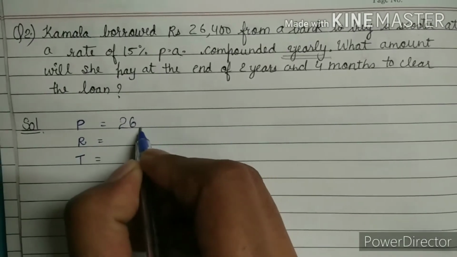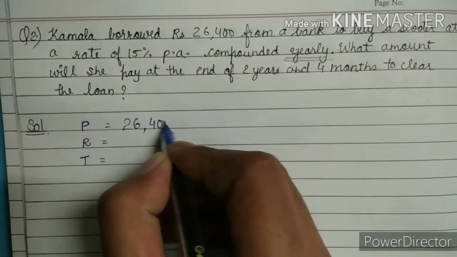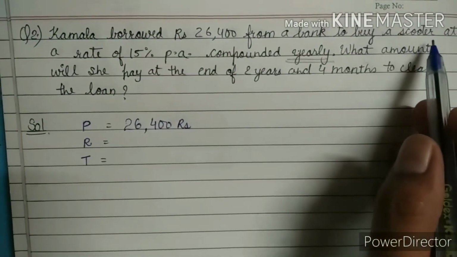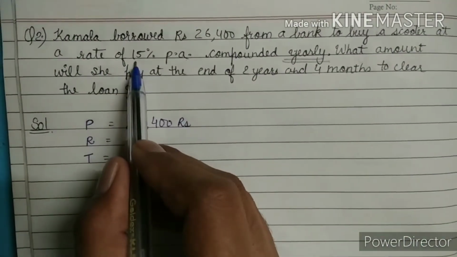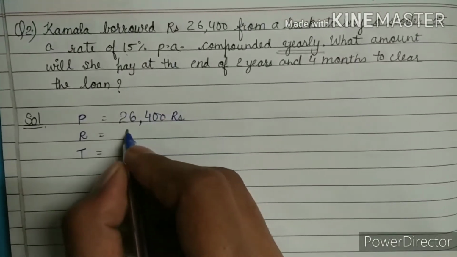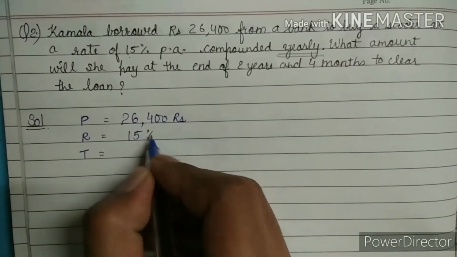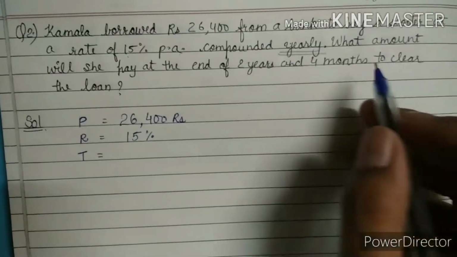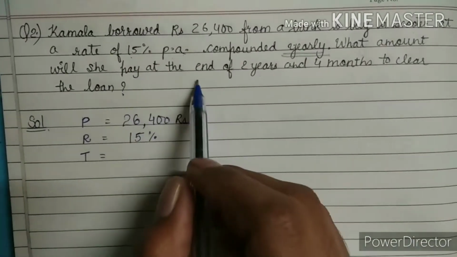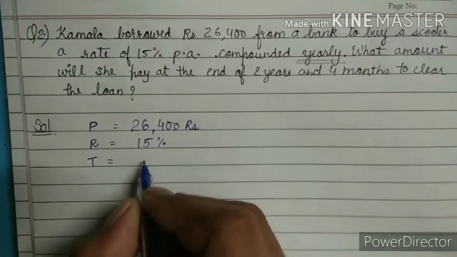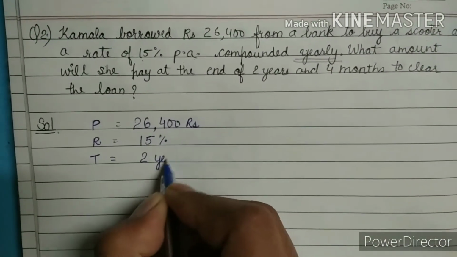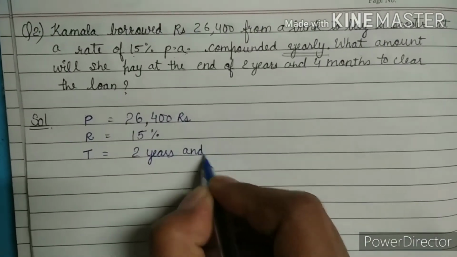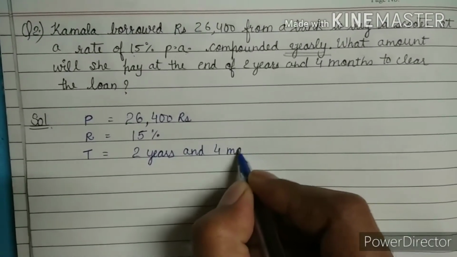The principal amount is 26,400 rupees, for buying a scooter at the rate of 15% per annum. So 15% is the rate of interest that Kamla has to pay. What amount does she have to pay at the end of 2 years and 4 months?